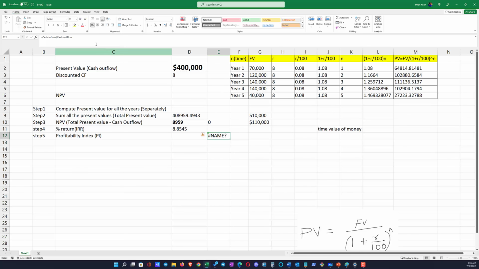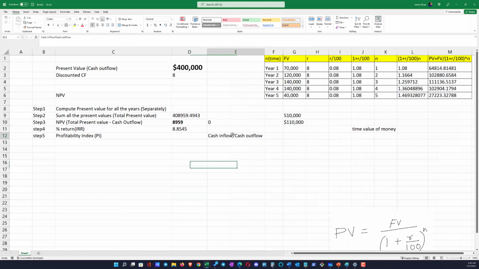So what is the cash? Sorry about my spelling errors. So cash inflow divided by cash outflow. Cash inflow is your 408,959. So this is the total cash inflow happening as on today, in the present date.